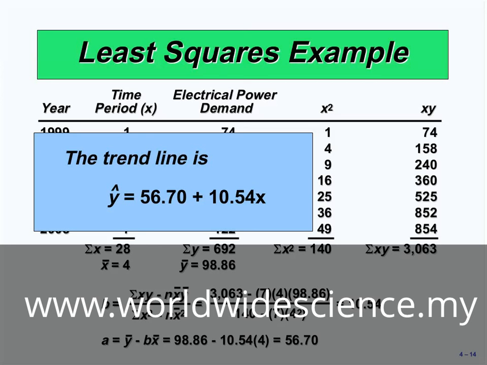When you have calculated a and b, according to the process that I have explained, we can get the main formula for the trend line, that is y equals a plus bx. When you replace them in this formula, you have the main formula for forecasting.